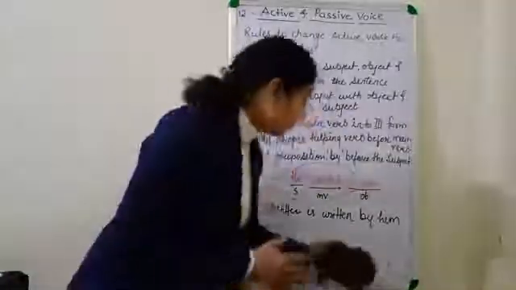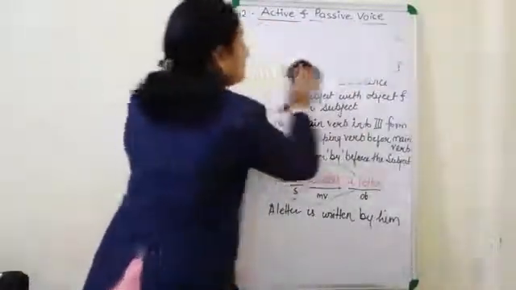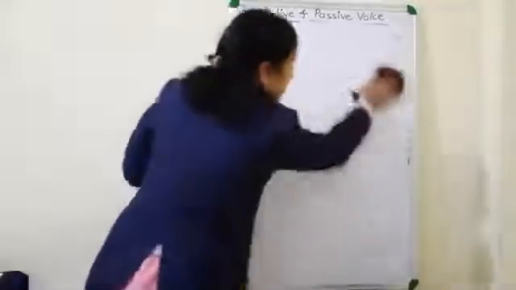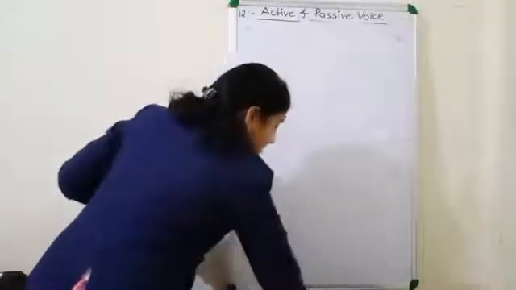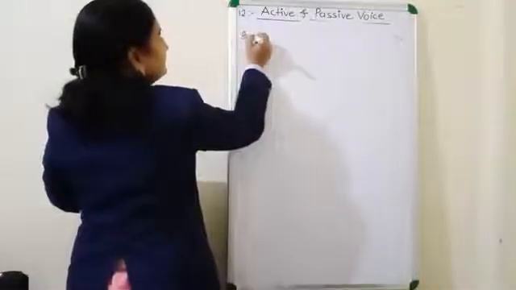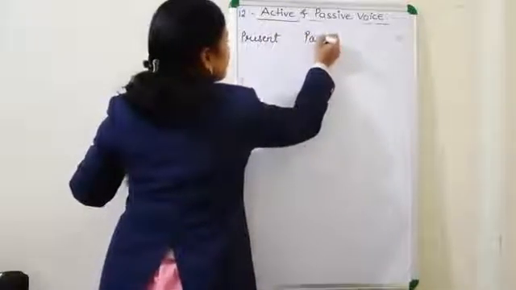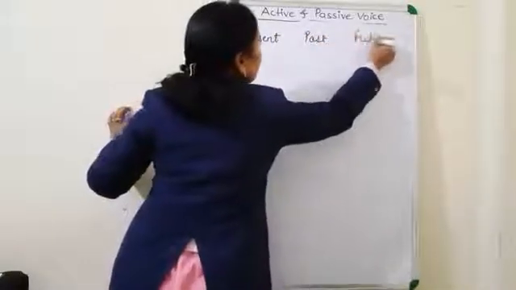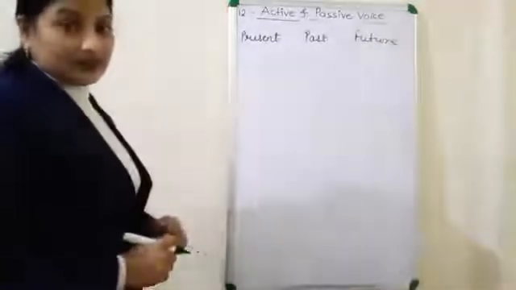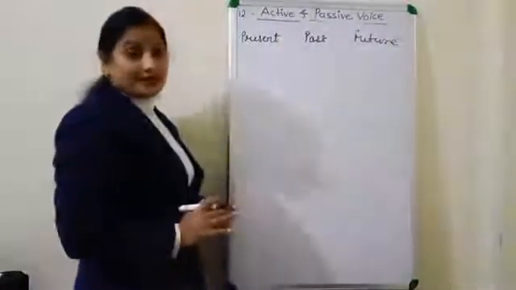Okay, now I am going to write it on the board so that you should not misunderstand this or forget this. We can change the present tense, okay, the past tense and the future tense into the passive voice. All the three tenses can be changed into their passive voice.